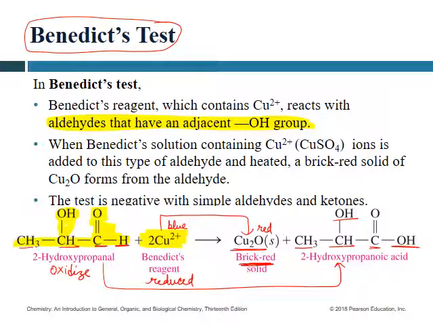So color would change from blue to red, and this becomes a solid. So if there is an aldehyde with an adjacent hydroxy present, it would give a positive test for Benedict reagent, whereas the test is negative with simple aldehydes and ketones. It would not give a positive test for ketone either, because we know ketones cannot be oxidized. All right.